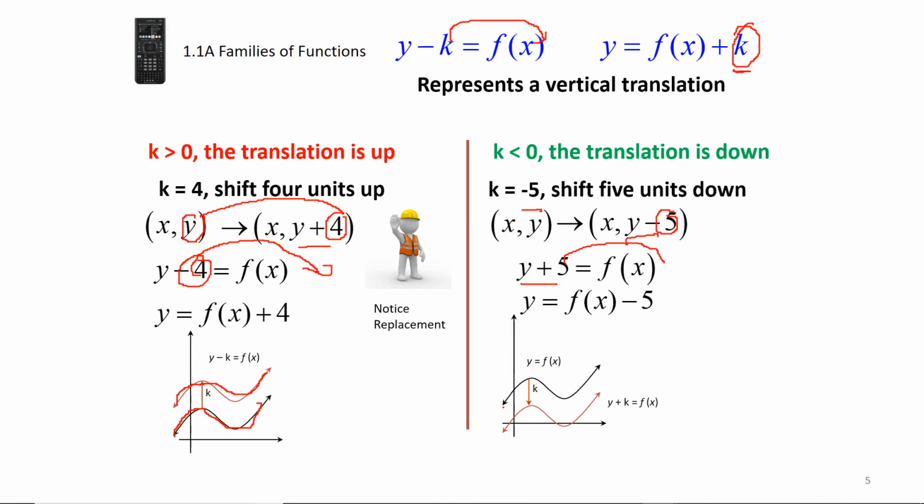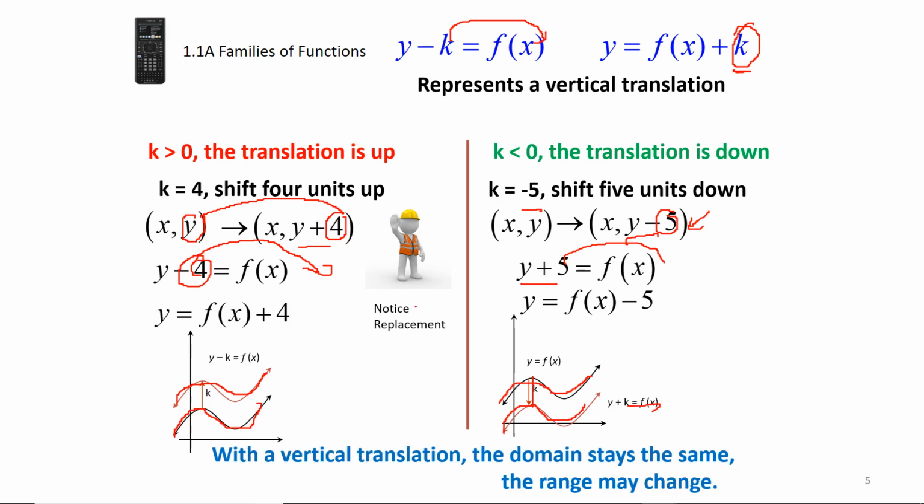This was our original function, and by k units, in this case 5 units, we translated our graph down. This is y plus k equal to f(x). With a vertical translation, the domain stays the same, and the range may change.